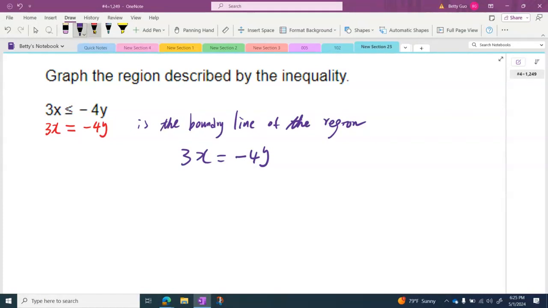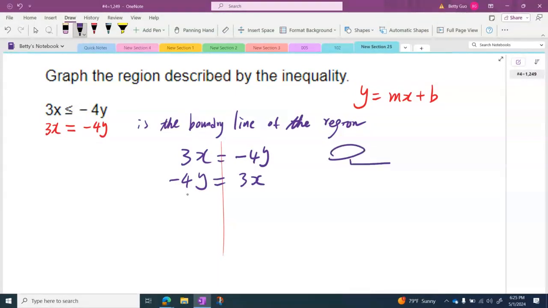Firstly, I would switch the left side and the right side because I want to find the equation in slope-intercept form, so the y variable is on the left side. So let me switch the sides: -4y equals 3x.